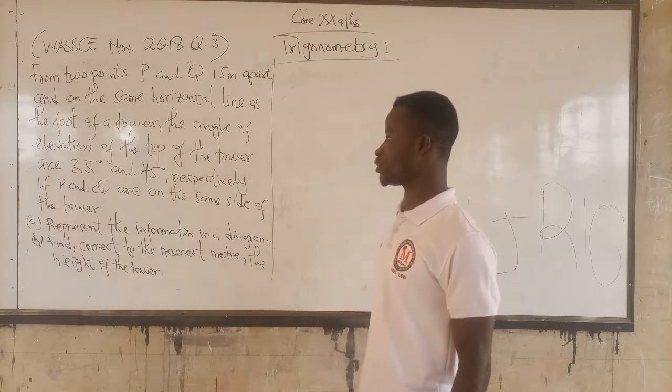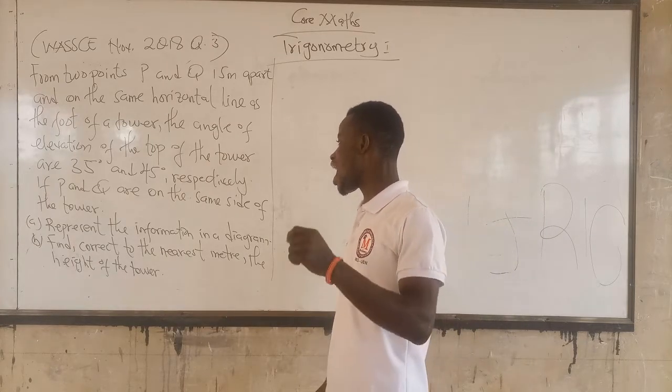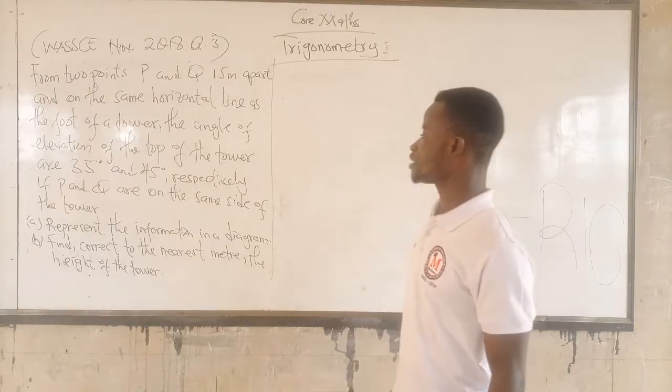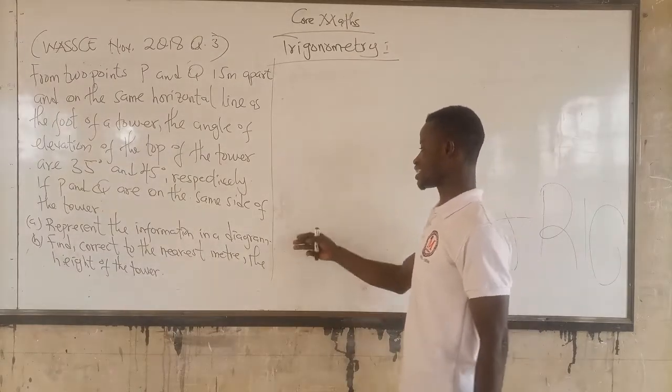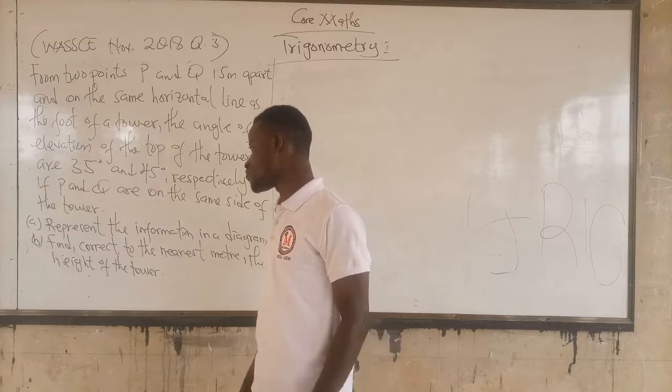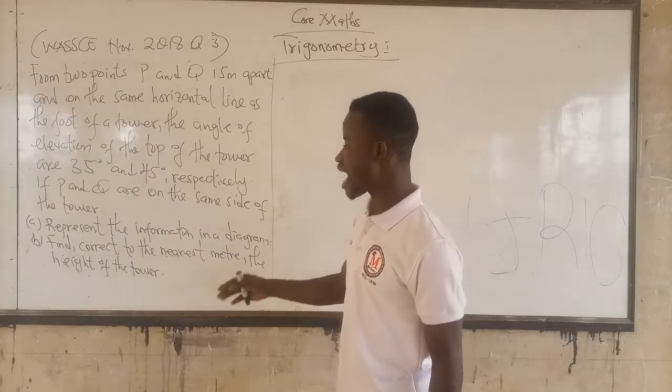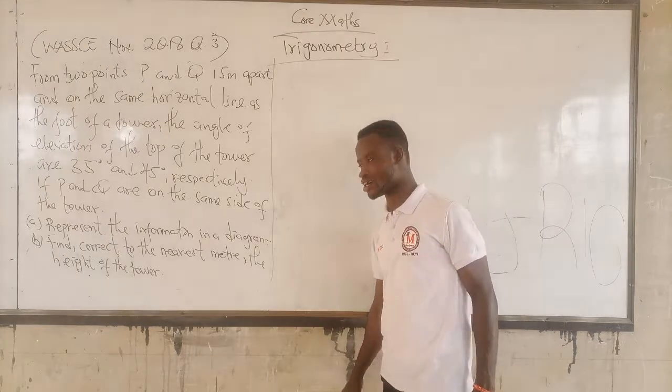If P and Q are on the same side of the tower, A. Represent the information in a diagram. B. Find, correct to the nearest meter, the height of the tower.